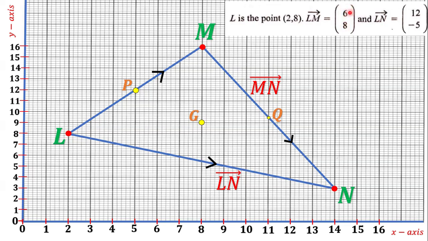The top number is the x movement and the bottom number is the y movement.